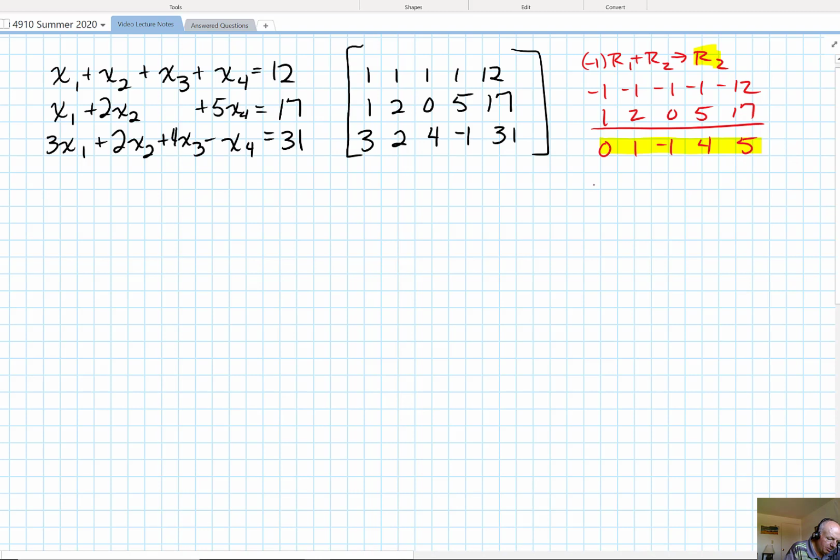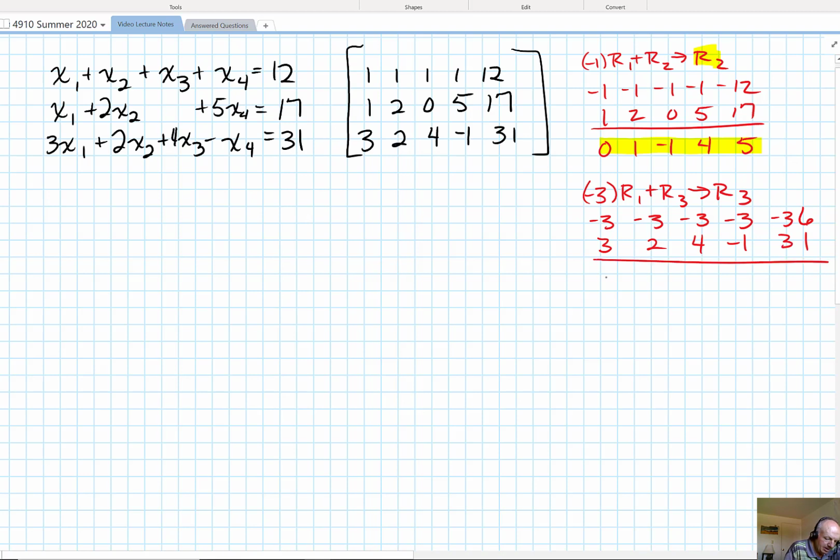And so to get our new row 3, we're going to go -3 times row 1 plus row 3, replace row 3. So -3 times that is a -3, -3, -3, -3, -36. Row 3 is a 3, 2, 4, -1, 31. 0, -1, 1, -4, and a -5.